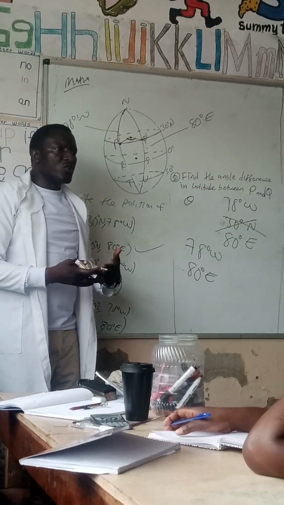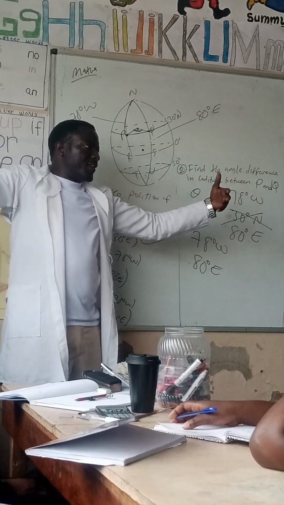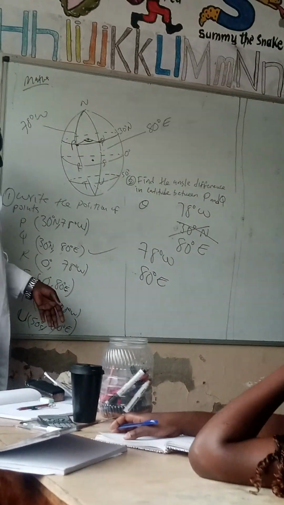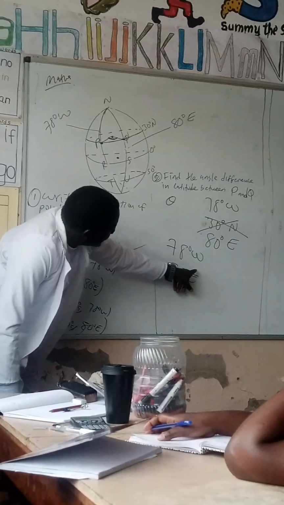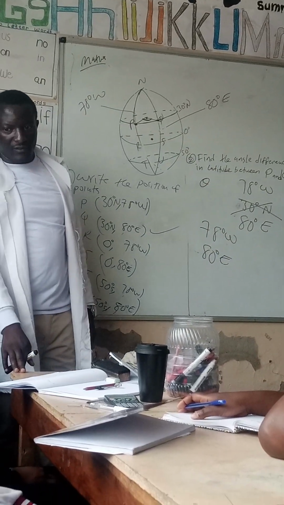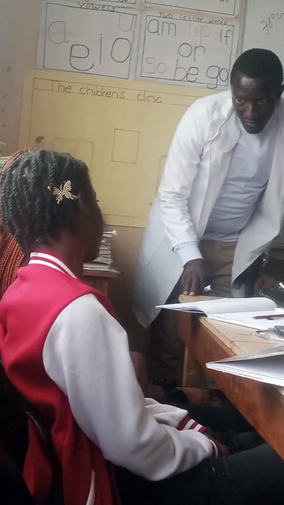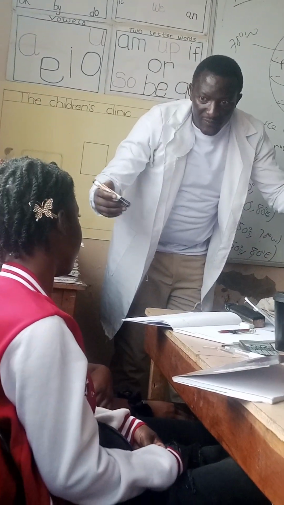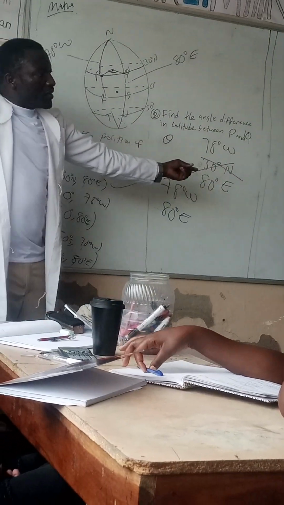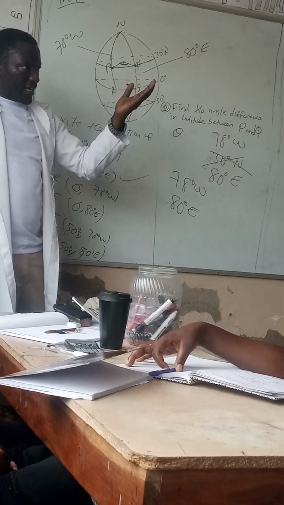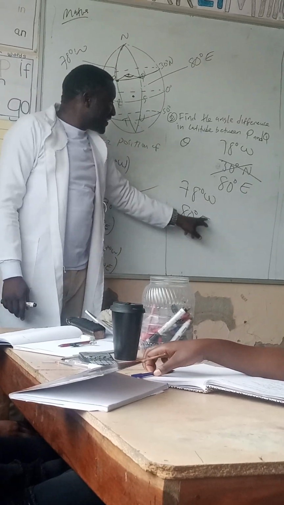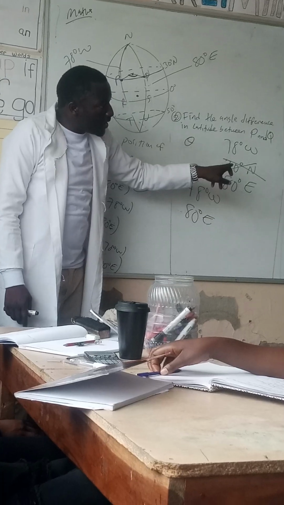But when you have angles on different sides, different hemispheres, we add. Because imagine you are moving from west to east. That's a very big angle. We can't subtract just because they have different sides. This angle is big because it's moving from west to east.